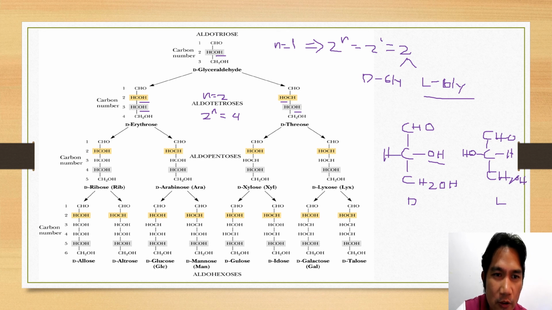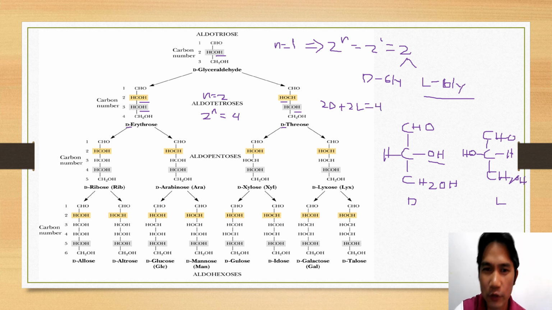So we already have 2 D's, plus the 2 mirror images of the D, which are the L's. All in all, we have 4 molecules. So the mirror image of D-erythrose is L-erythrose.